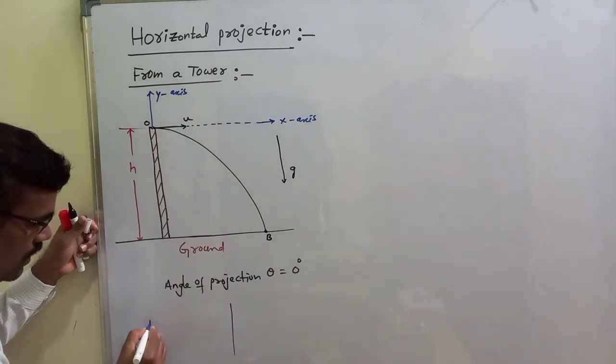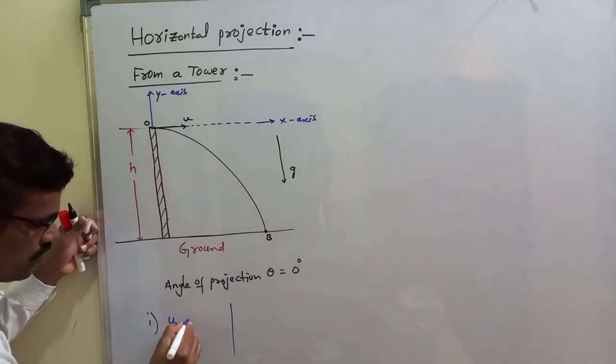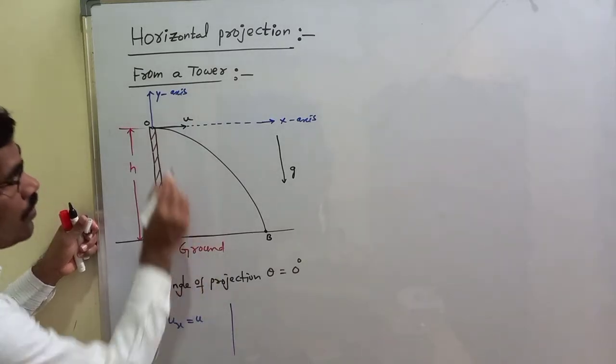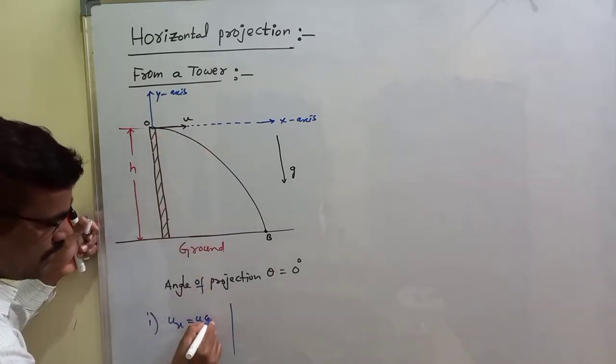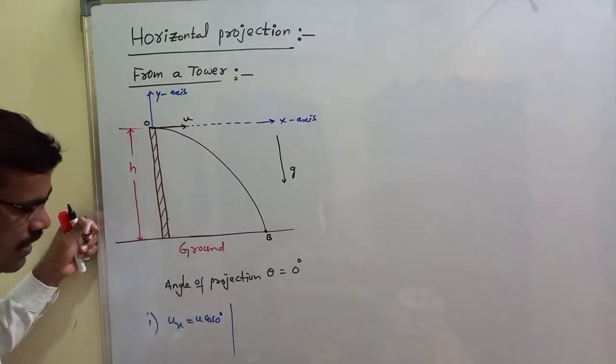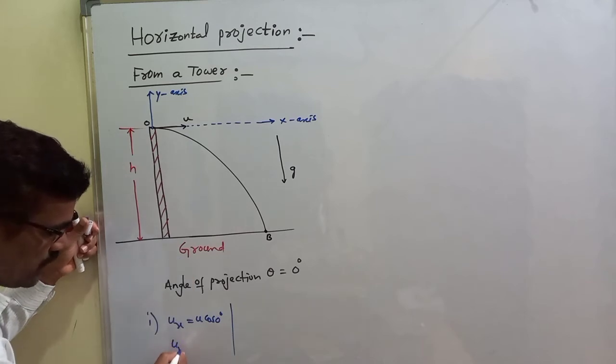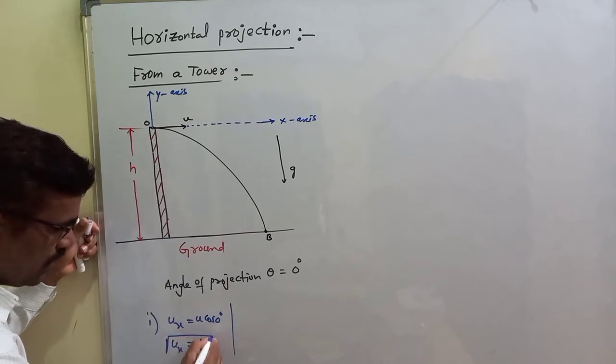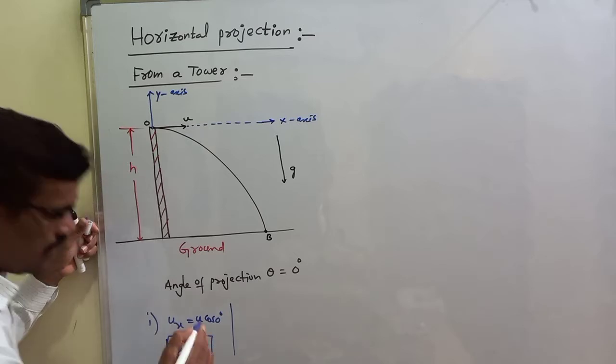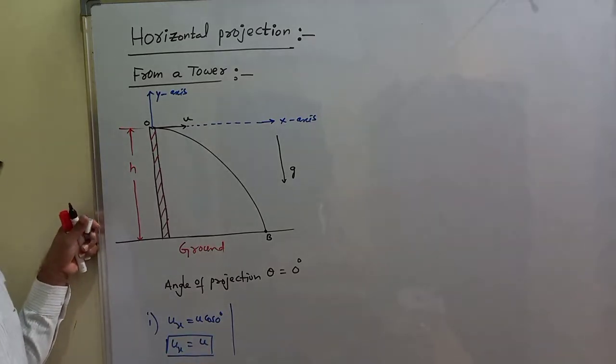First, ux equals u cos 0. Adjacent, along cos 0. Here cos 0 is 1. That's why ux equals u into 1, which is u. This is the initial horizontal component of velocity.